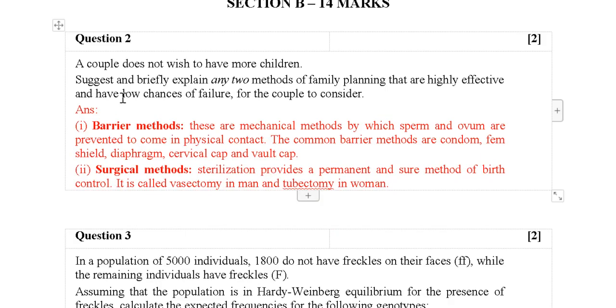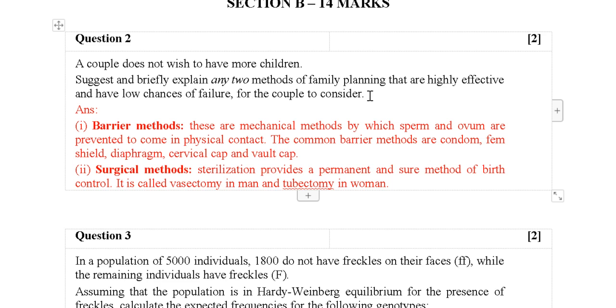So the first question: a couple does not wish to have more children. Suggest and briefly explain any 2 methods of family planning that are highly effective and have low chances of failure for the couple to consider.